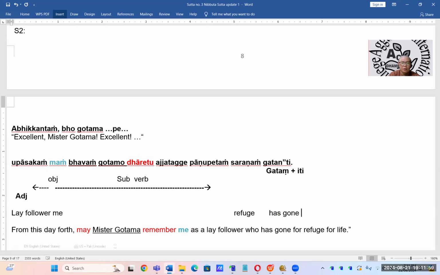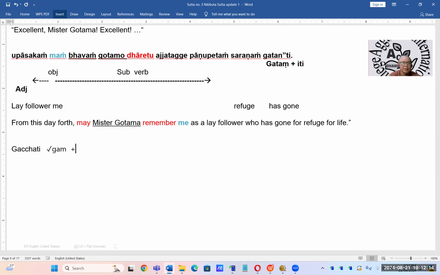Right. So gata comes from the word gachati, which you all know. Gachati comes from the root gam plus ta. Gam is 'go', and ta is a past participle. So you change it to 'gone'.